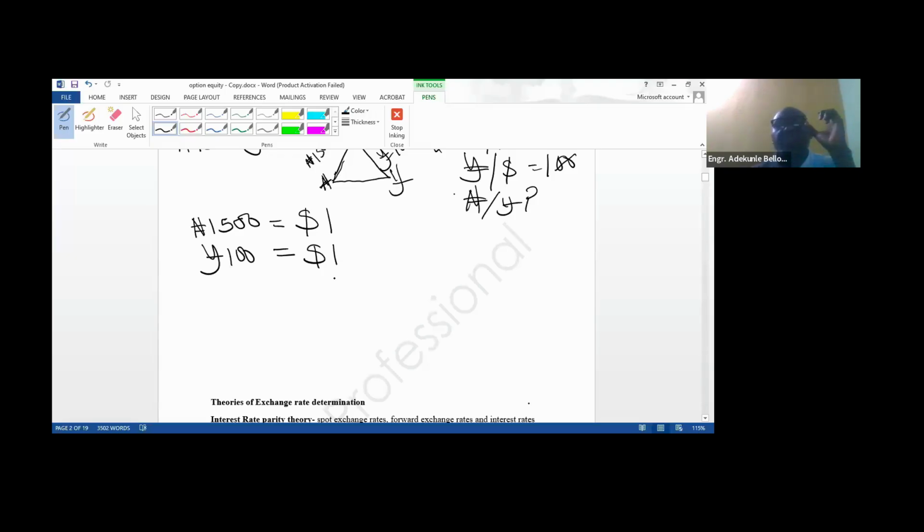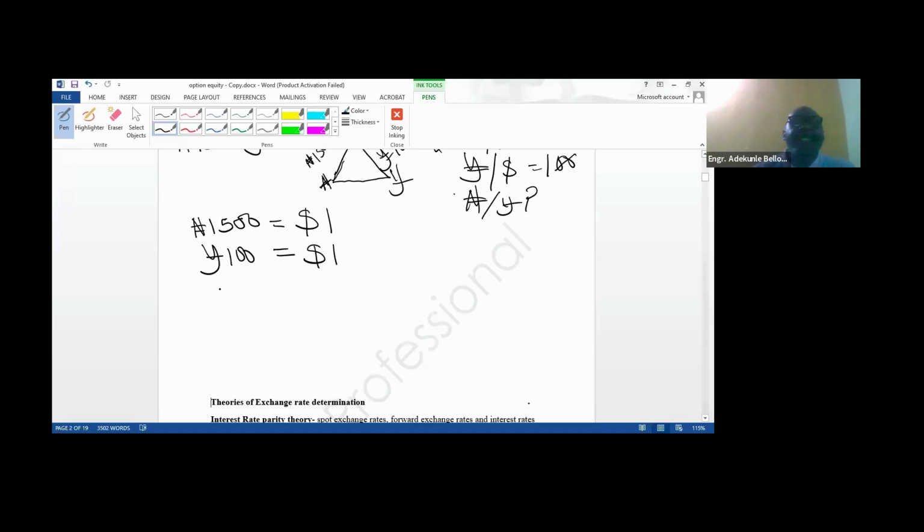We said cross rates: the implied exchange rates between two currencies, naira and yen, based upon the explicit relationship with the third currency, dollar. There's a relationship between naira and dollar. There's a relationship between Japanese yen and dollar.